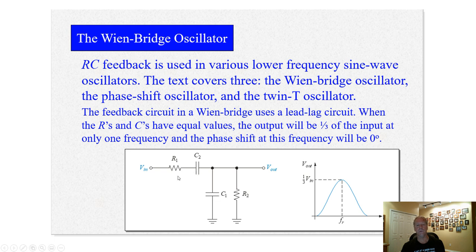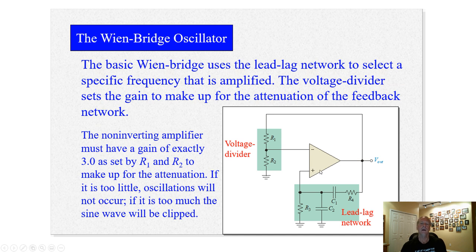In other words, the 2 capacitors are equal, the 2 resistors are equal. It turns out the output is going to be 1/3 of what the input is at resonant frequency, exactly 1/3. And the phase shift at that frequency will be 0 degrees.